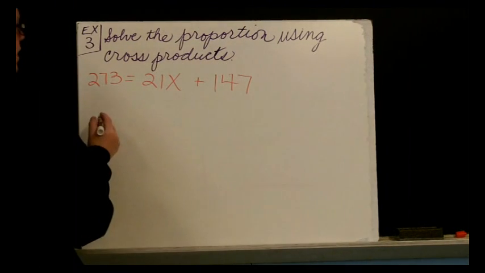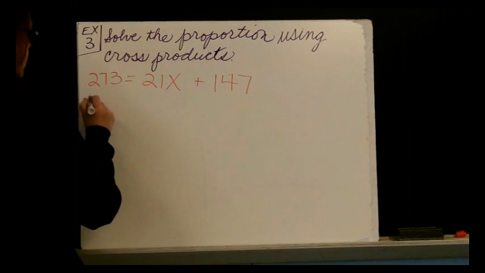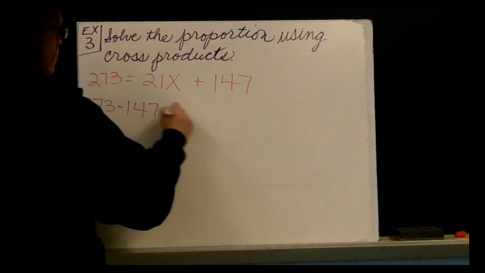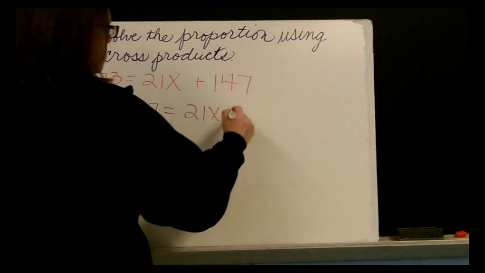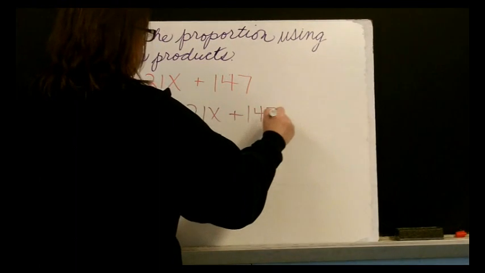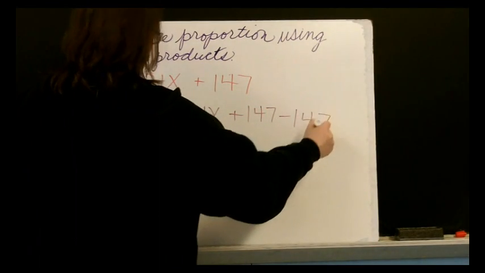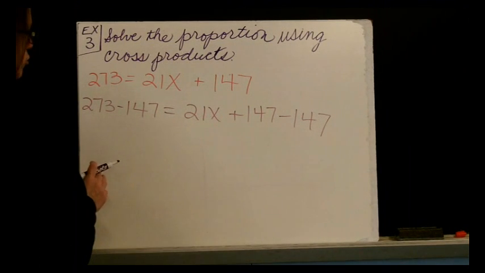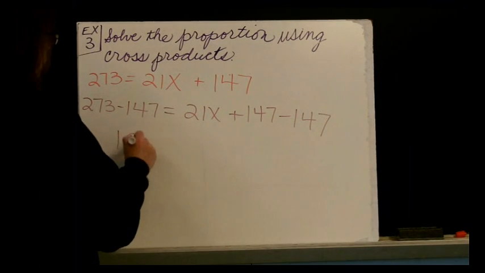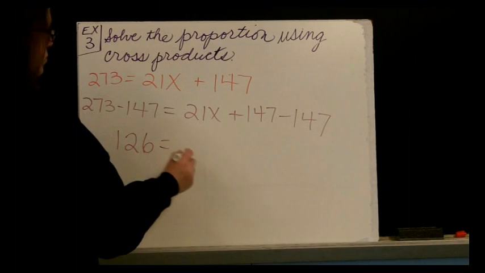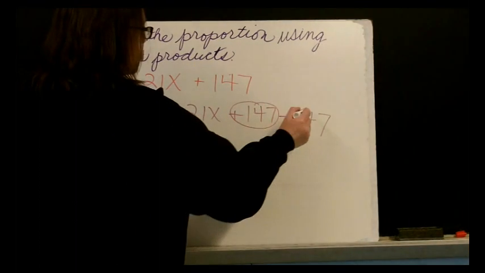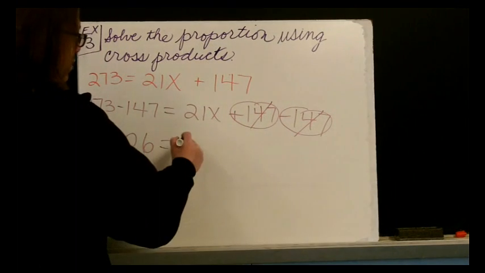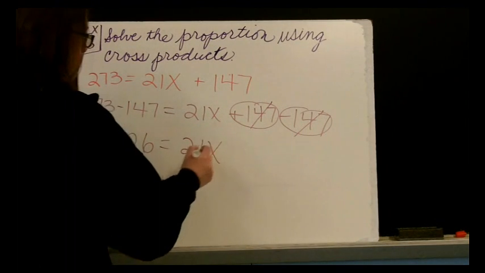That means putting a negative 147 on both sides. 273 minus 147 gives us 126. Here, this positive 147 and negative 147 make a 0. So we're left with 21x.